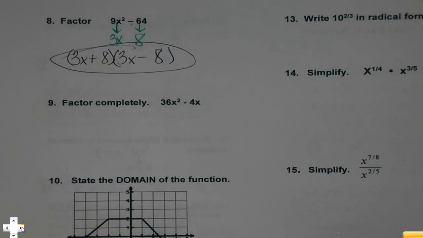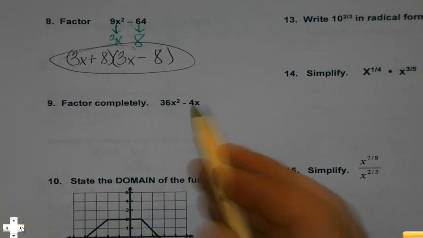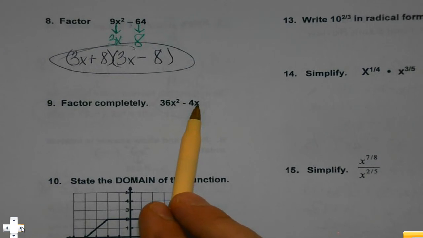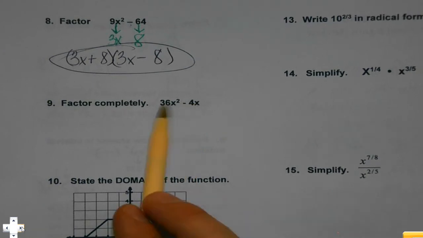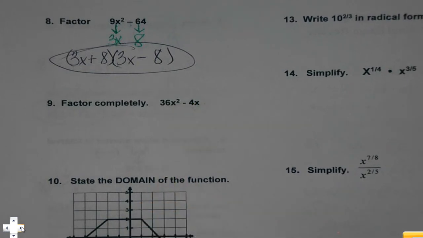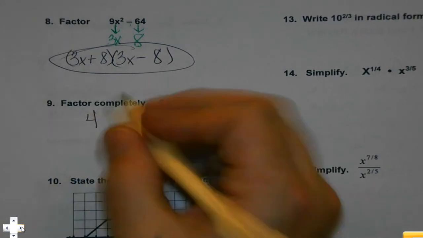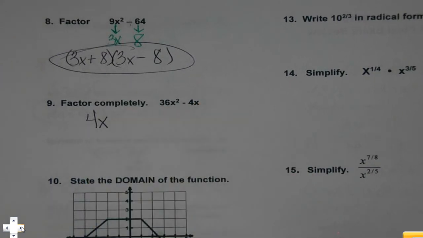Now, sometimes something can be a little trickier in disguise. Because you look at 9 and you're like, hey, it's the same as 8. No, it really isn't. Well, why not? 36 and 4 are both perfect squares. That's true, but there's one big difference this time. This has an x. There's another big difference. These 2 terms have something in common that divides into both of them. Both are divisible by 4. Both I can take an x out. Biggest number that divides in, smallest exponent.